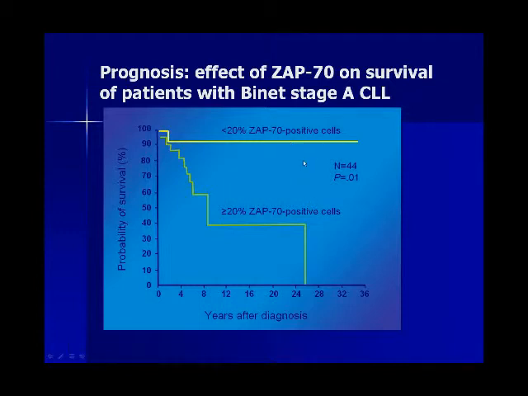The test is technically very difficult and done on a research basis, not a routine test, and a lot of the private labs won't do it, but it's something you may see, and it does have some prognostic significance.